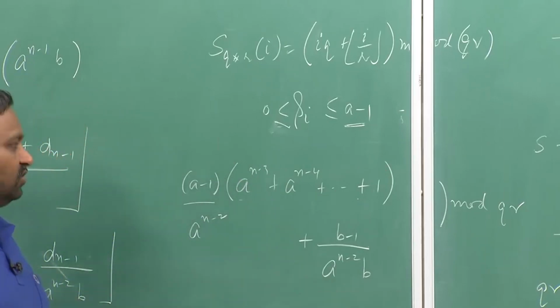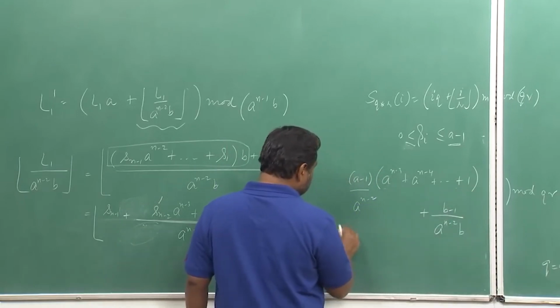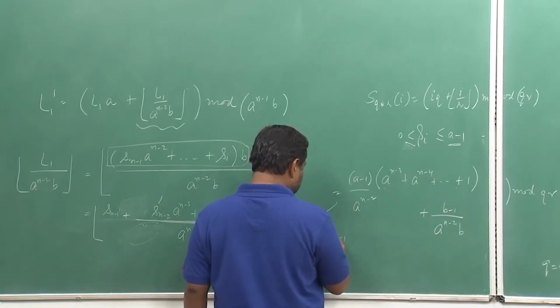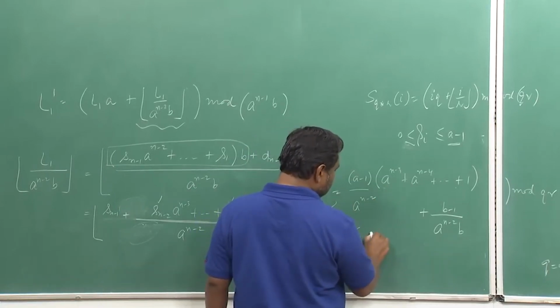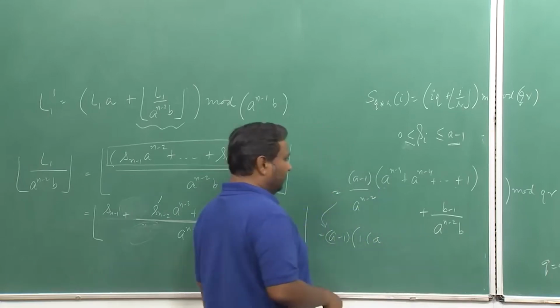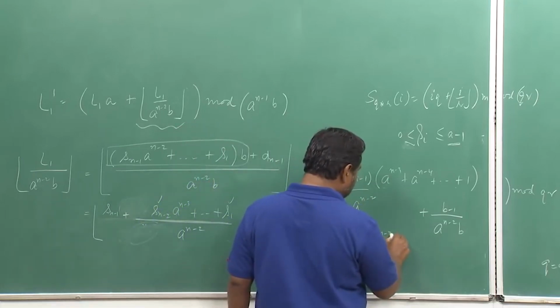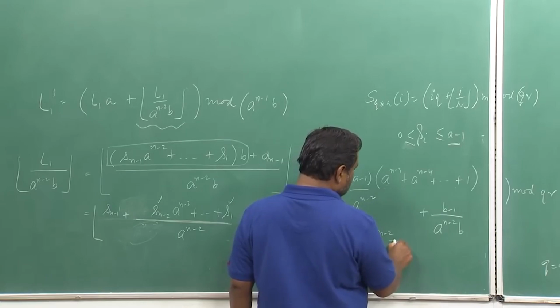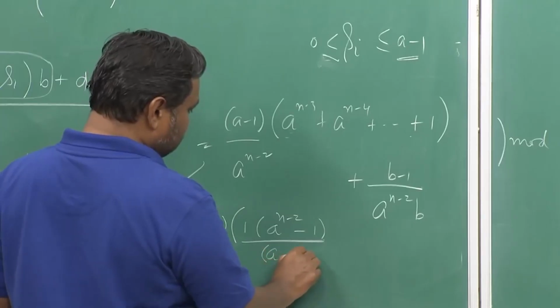So, this is nothing but a geometric progression and I can replace this by the first term times the multiplication factor for every term raised to the total number of terms, n minus 2, minus 1, divided by whatever the factor is minus 1.